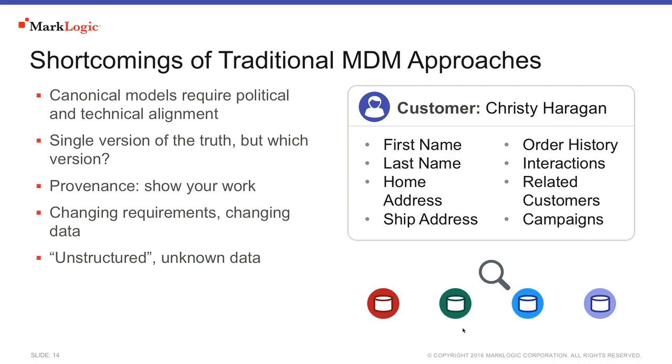Once you've agreed on that, if you can possibly agree on that, and there are industry domain models for doing that, but it still becomes a political challenge to understand which system becomes the authoritative source for which attribute, how's that going to map, what does the ETL look like, what happens when one of those source systems changes, what if that system is an external system you have no control over? It gets quite tricky. How do you know when you've gone through all these mappings, what the provenance is?